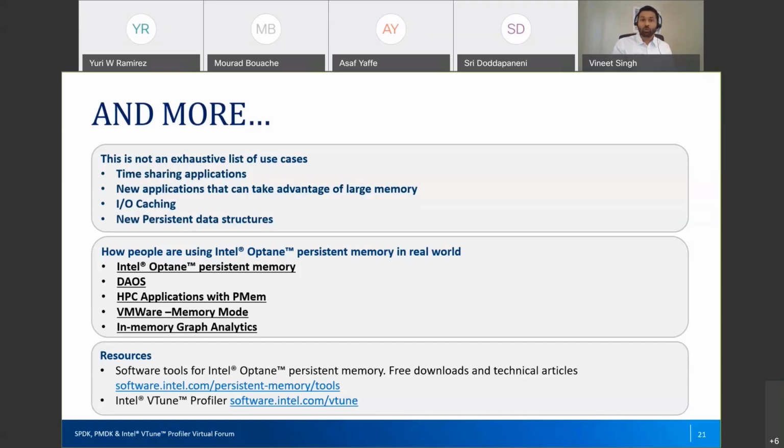People are coming up with new applications which can use this large amount of memory, and they don't have to worry about distributing their application across different nodes, because now the whole requirement can be satisfied by a single node. IO caching is another use case. You put PMM media in front of your storage media as a cache, and that gives you better performance.